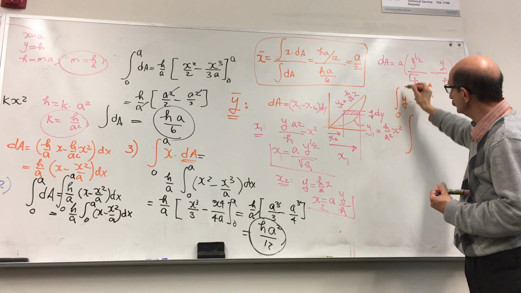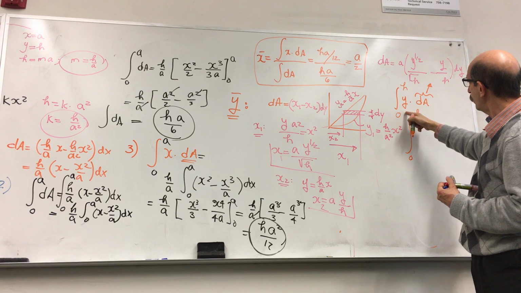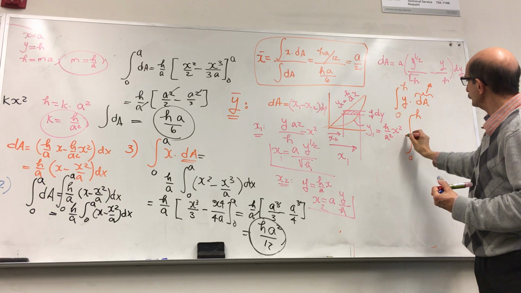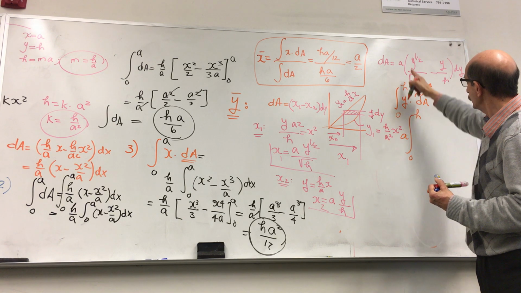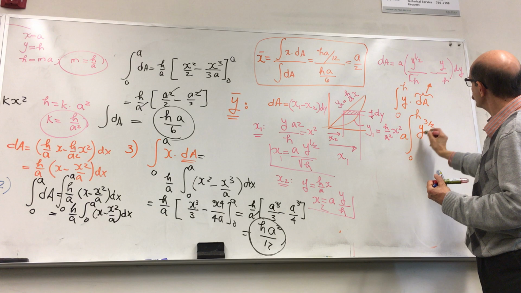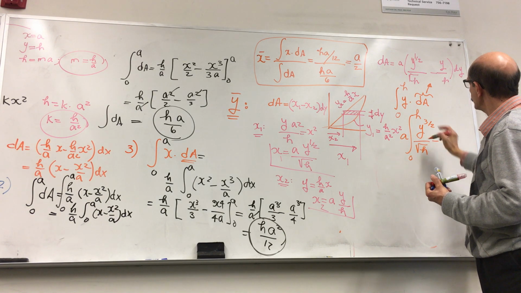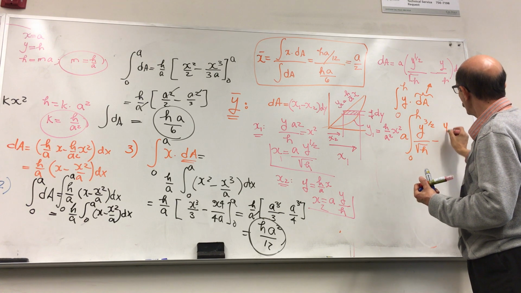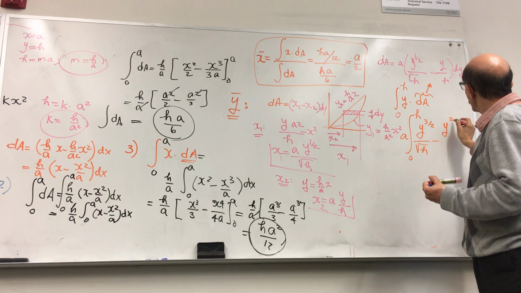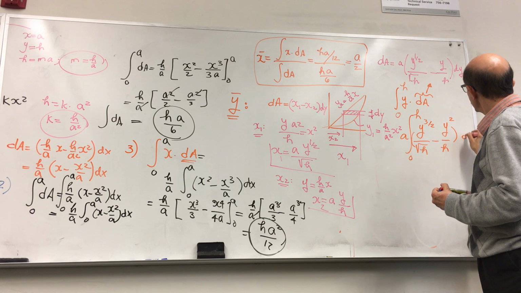So that's the bound of the integral. I have 0 to h of y times this. I take a out, y times that will give me y to the 3/2 divided by the square root of h, minus y times that, which would be y squared divided by h, times dy.